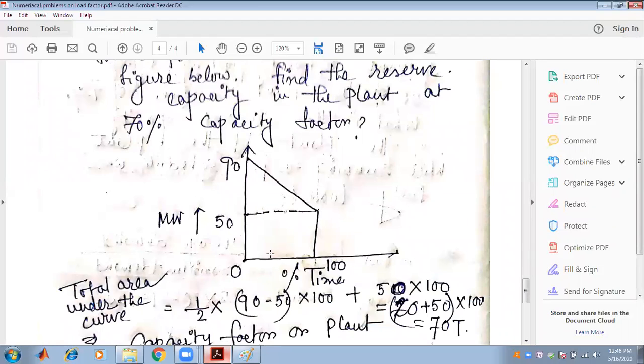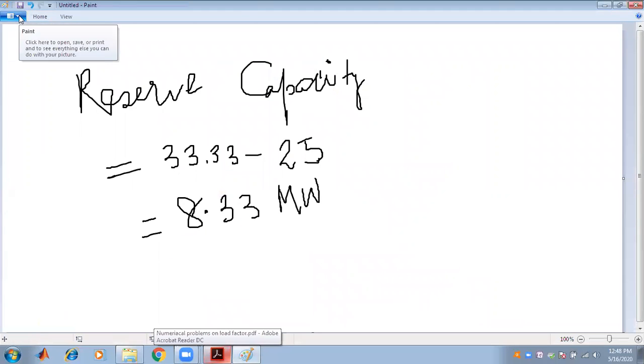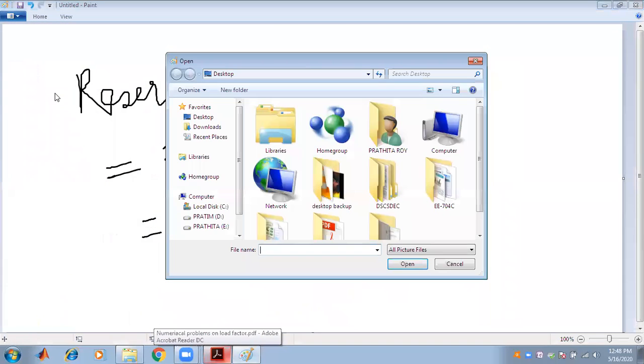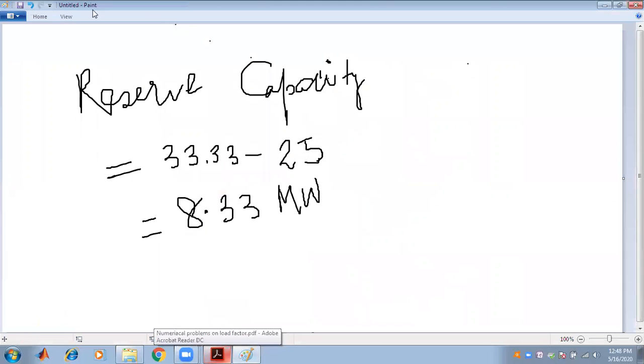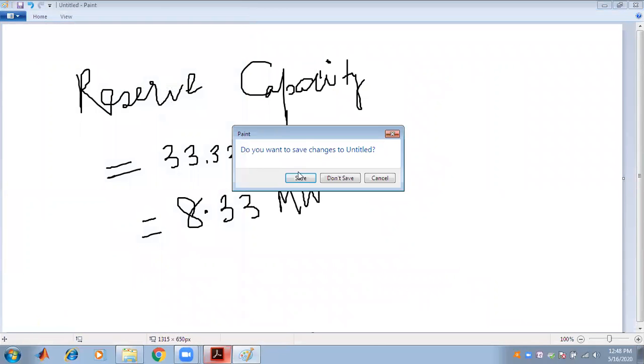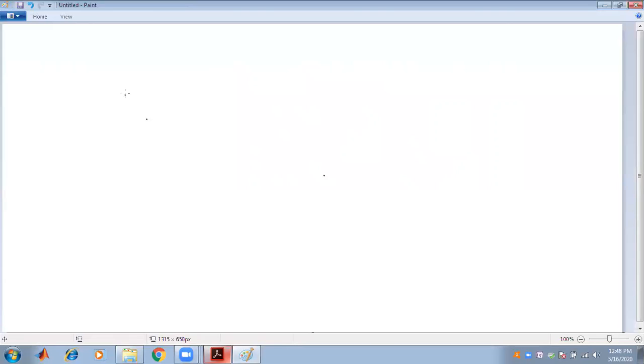So we have to find the reserve capacity of the plant from that particular graph. So let's do it. Let's take our problem.